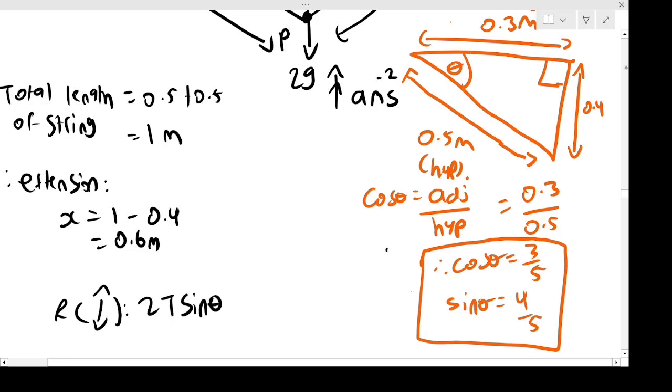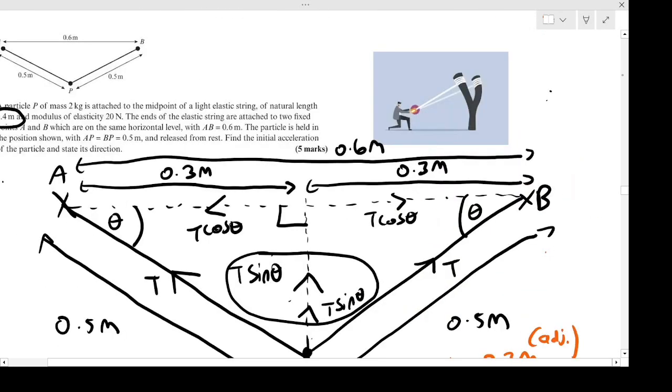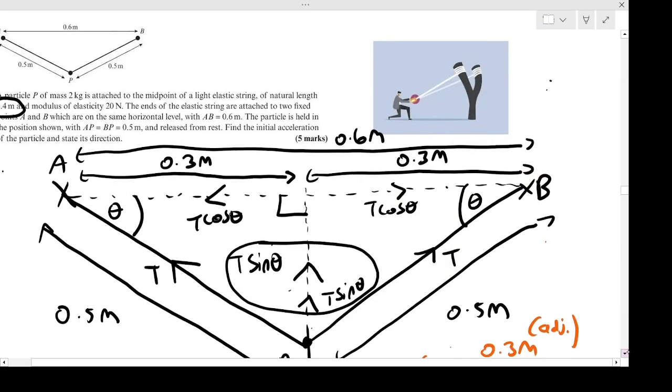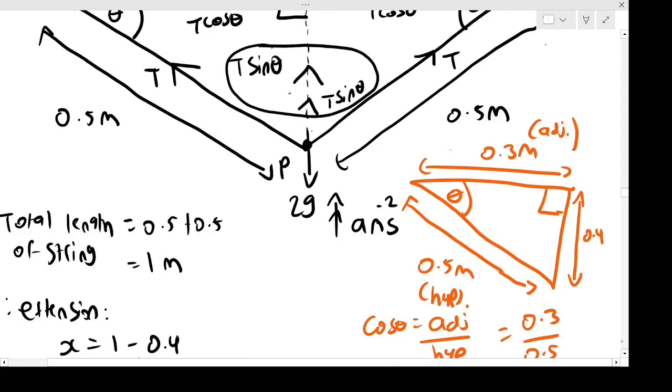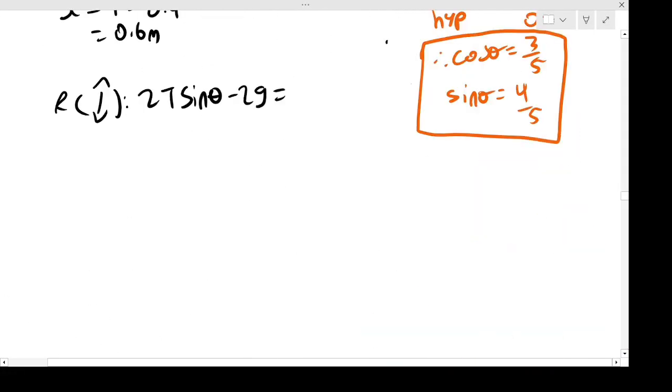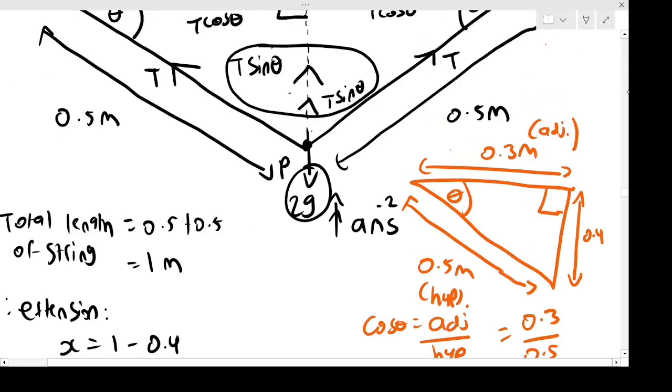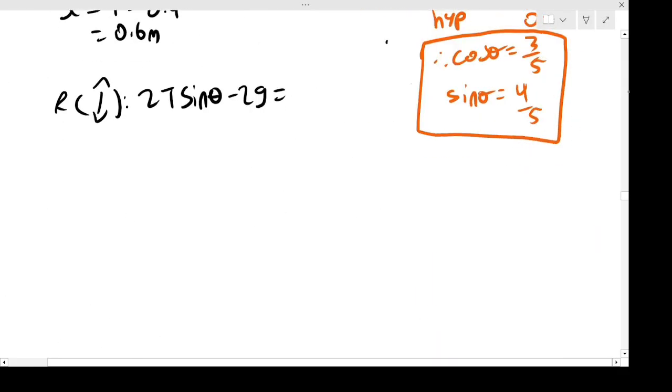And then I'll take away the downward forces, so that's going to take away the 2g to equal mass times acceleration. Now the mass is 2, so it's going to be 2 lots of a, right? Okay, so hopefully happy with that.